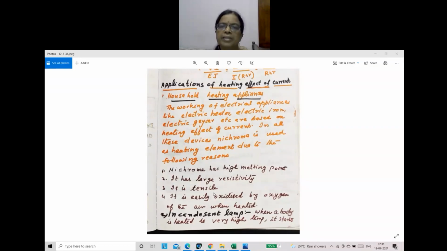Heater in kitchen, we use heater. Kettle and all, heater will be there. That coil is actually a high resistance coil that gets heated when current flows through. Higher the resistance, higher will be the heating effect. So geyser we use in bathrooms to heat water.